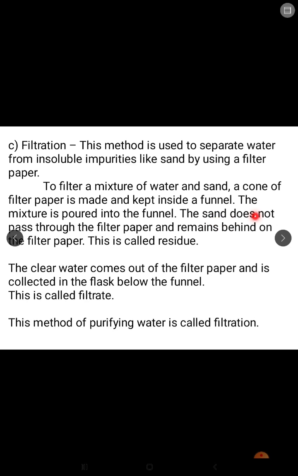The sand does not pass through the filter paper and remains behind on it. This is called residue. The clear water comes out of the filter paper and is collected in the flask below the funnel, that is called filtrate. This method of purifying water is called filtration.